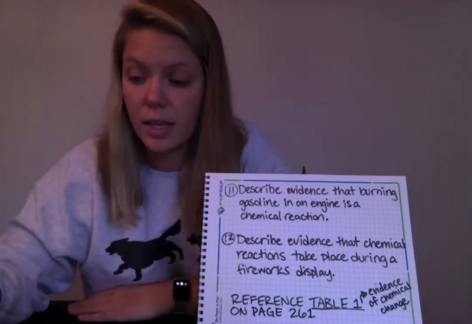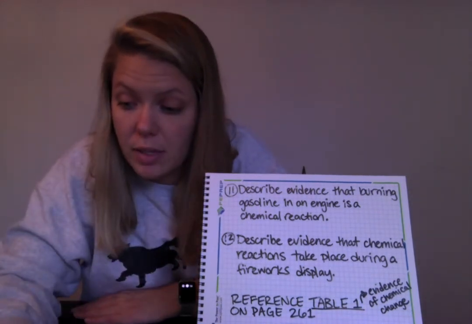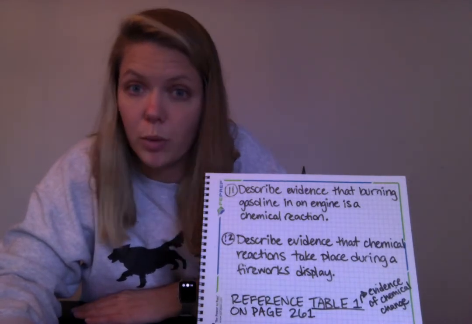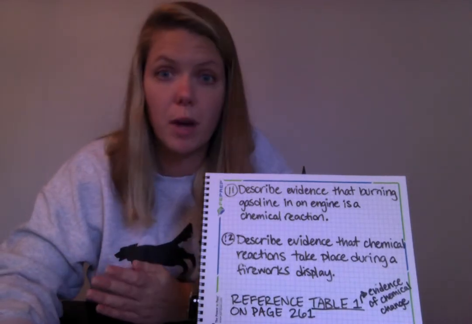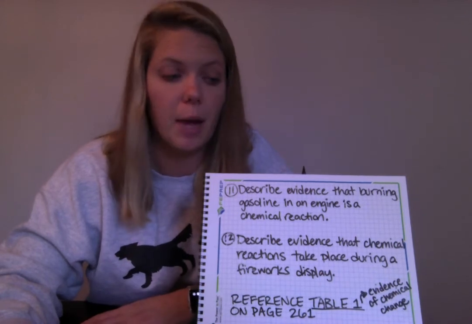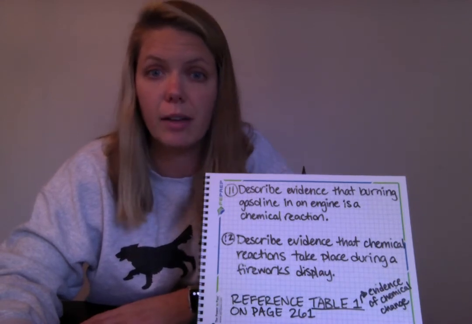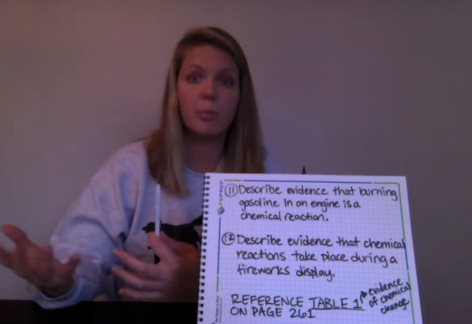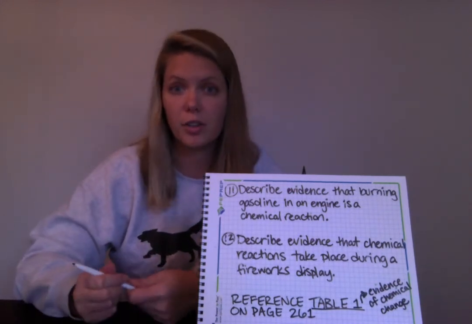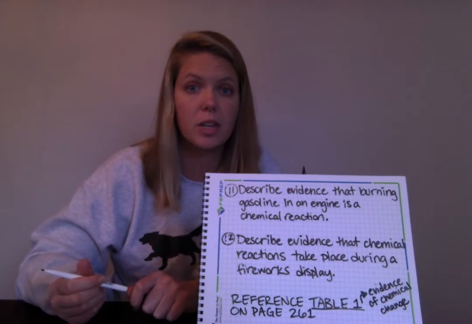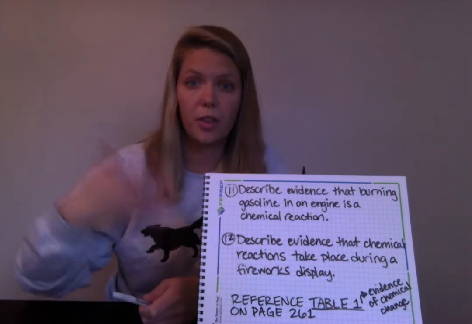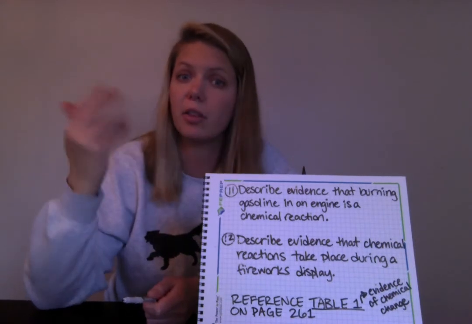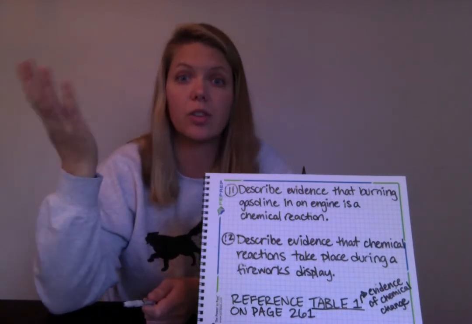Number 11 says, describe evidence that burning gasoline in an engine is a chemical reaction. Some of you probably know way more about cars than I do. I'm not a pro when it comes to engines and all of that. But if you think of it in simple terms, when we see a car or bus or any automobile going down the street, you know that they put liquid gasoline in their car, but all we see coming out the back is a little bit of that exhaust, right?